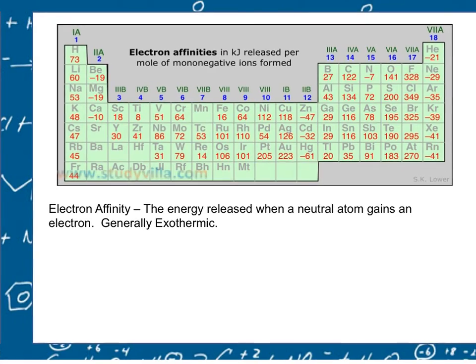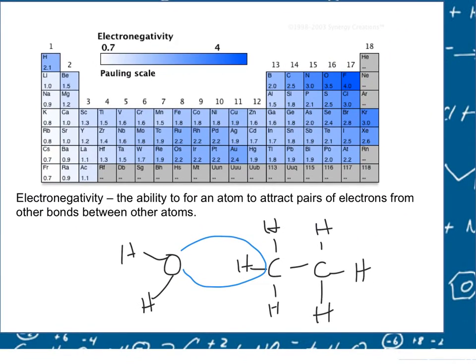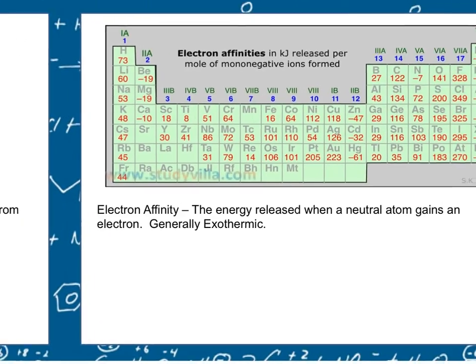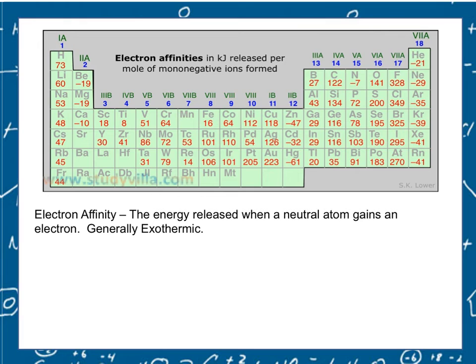A closely related trend, before I go on, let me point out to you, no values for most of your noble gases. A closely related trend is electron affinity. This is the energy released when a neutral atom gains an electron. It is generally, though not always, exothermic.